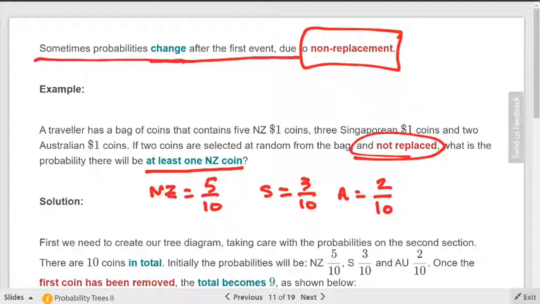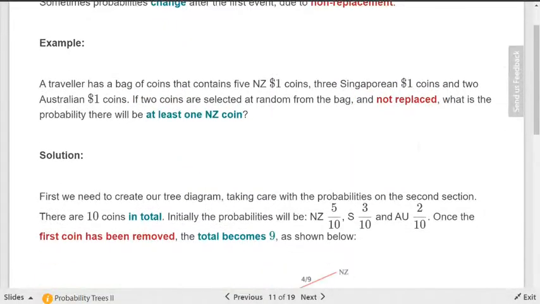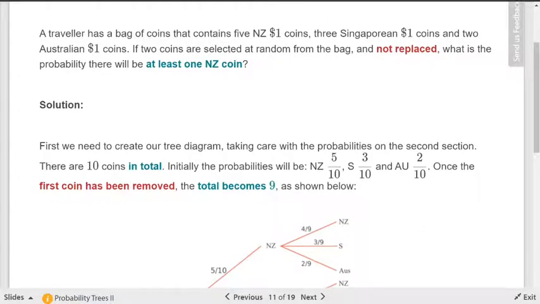So we know how many of each thing we have, the probabilities. But we can't just use these probabilities straightforward. We have to construct a tree and then build them up as compound probabilities, because we're going to draw 2 coins, not 1. If we were only doing 1 coin, we'd be done, right? But we're going to do 2. All right. So there are our probabilities that we just wrote.